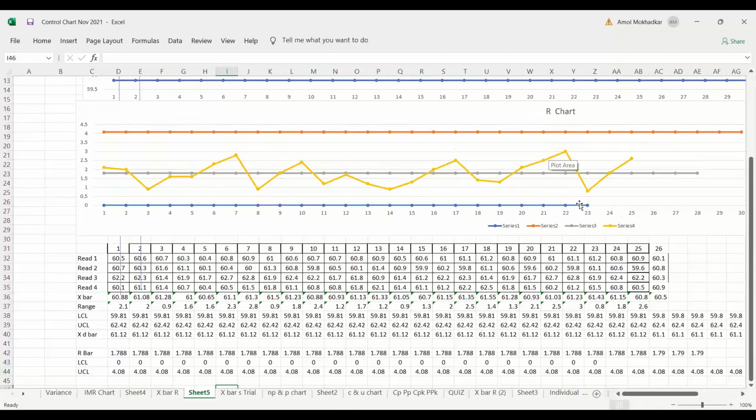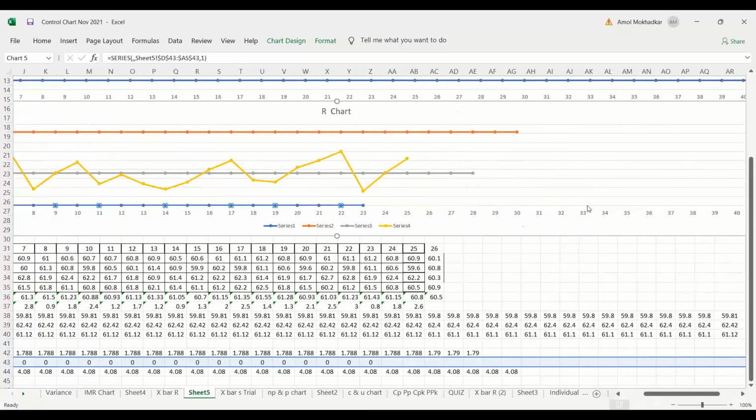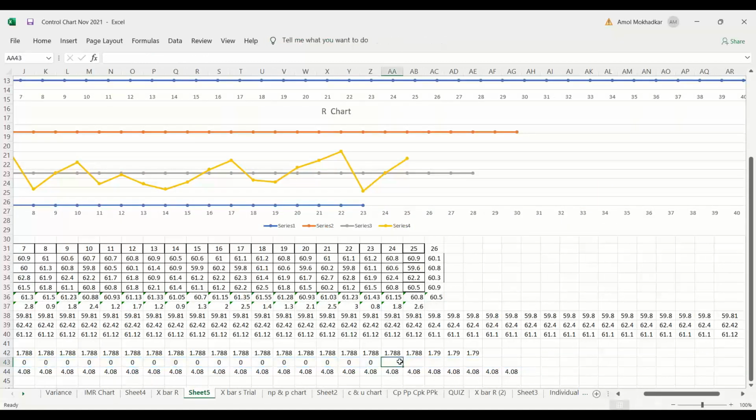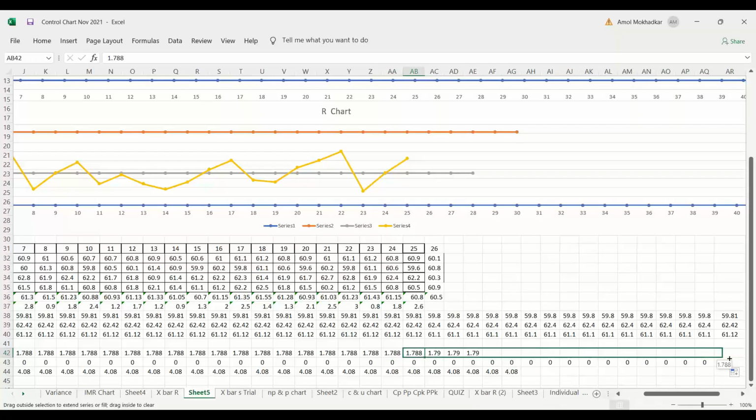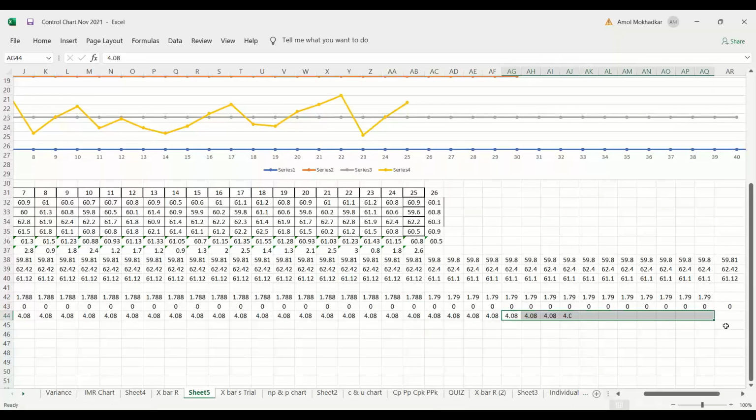This is your R chart. Sorry, this is R chart. This is 1.788. So it will go continuously. This is the value of 4.08. It will go continuously.